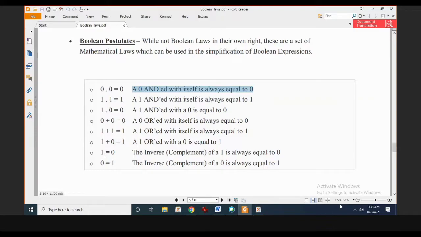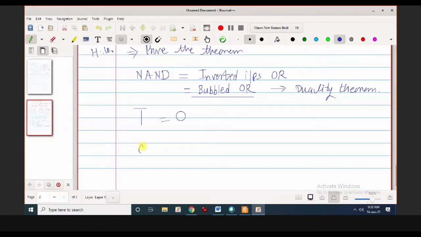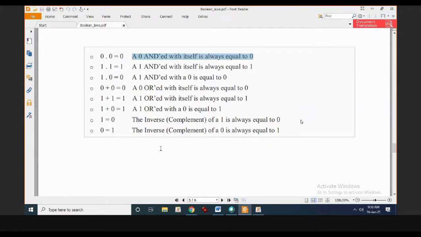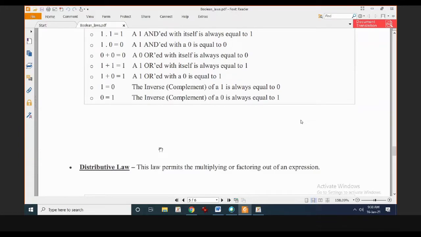Complement of 1, 1 bar, is equal to 0, and second last one, 0 bar is equal to 1. Okay, so this is very, very important for us for doing our circuit design.